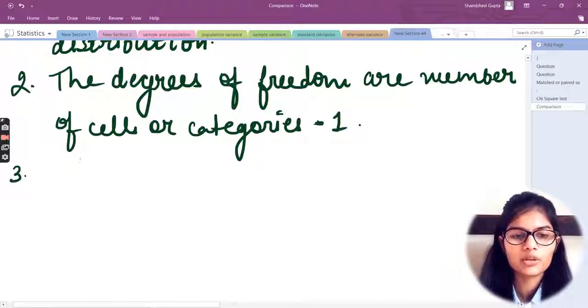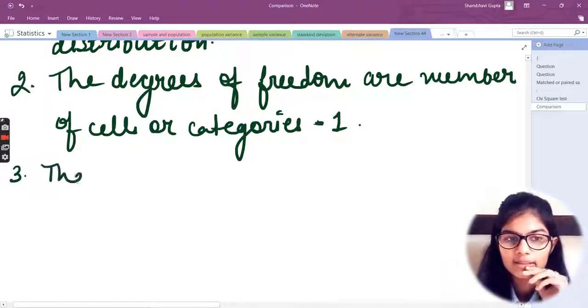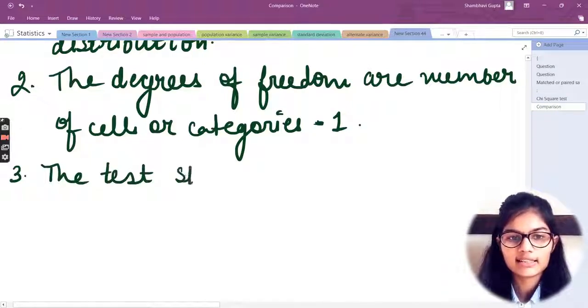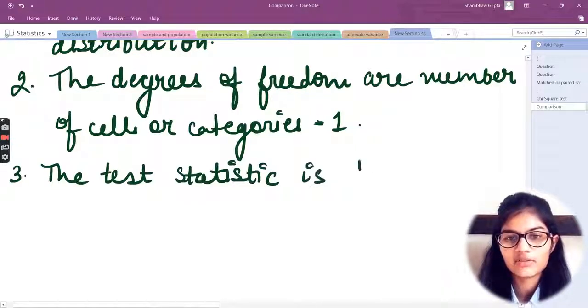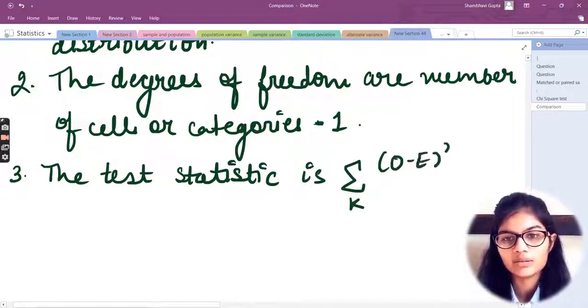So the test statistic is, what's the test statistic that we have? We have already seen it: sigma, below it we had k, above we had O minus E whole squared divided by E, right?